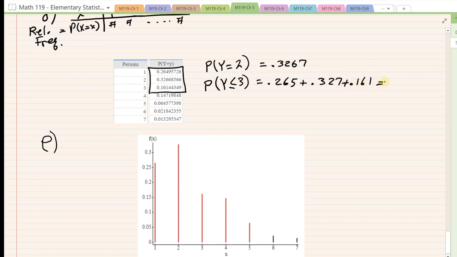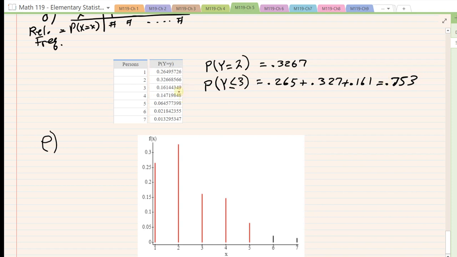And if I add these up, I get 0.753. Again, about 75% of households in the US have no more than 3 people living in it.